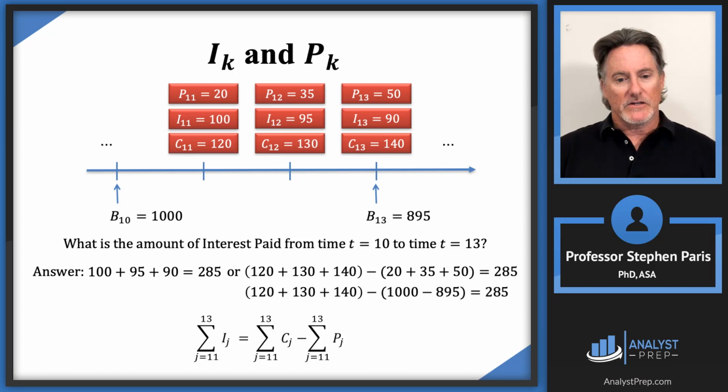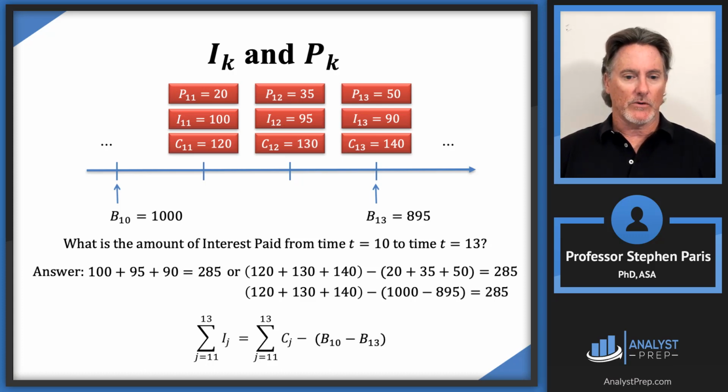But the last summation there is just the amount of principal being repaid from time 10 to time 13, and I know that's just the difference in the book values. This will typically be the easier way to calculate the amount of interest paid in a time period. Take the total amount of payments paid in the time period and then subtract off the amount of principal that's repaid, which I can do by a difference in balances.